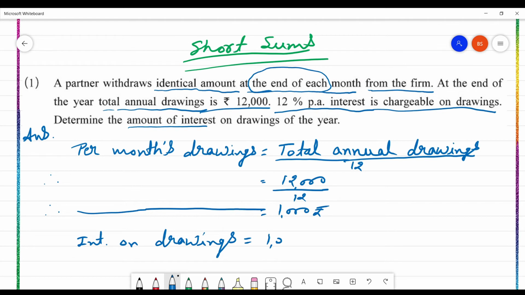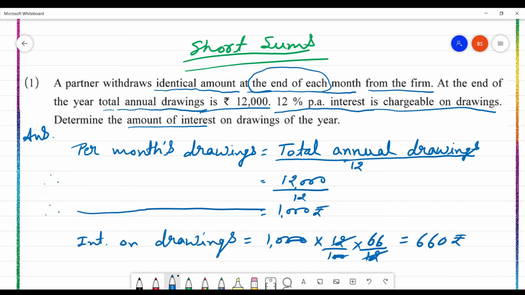Take per month's drawings into interest rate 12 upon 100 into 66 upon 12. 12 to 12 cut, 00 to 00 cut, 66 10s are 660.